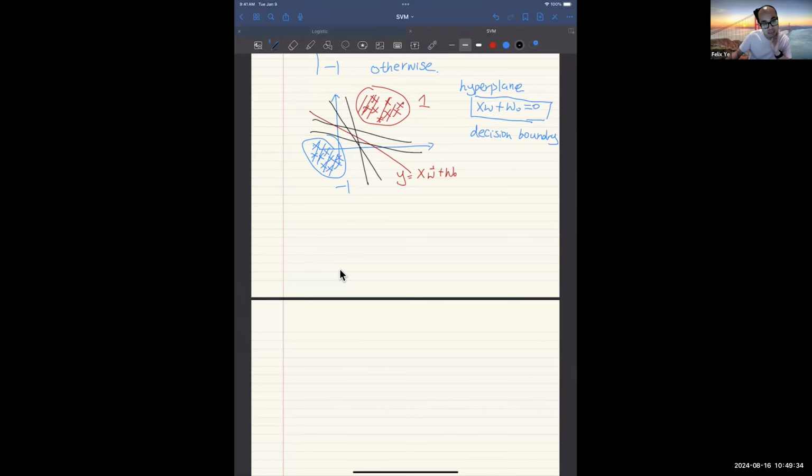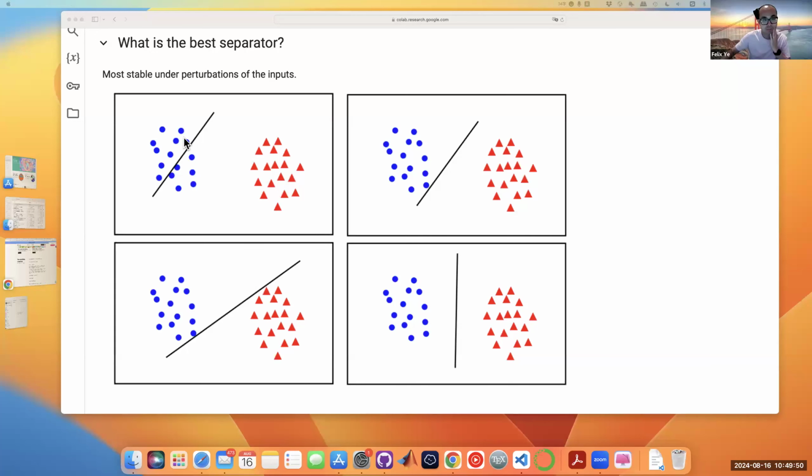But the issue is, are all the separators the best? Is it true? Let me use some figures to illustrate this idea. These are 4 figures, and the black line separates the blue and red points.